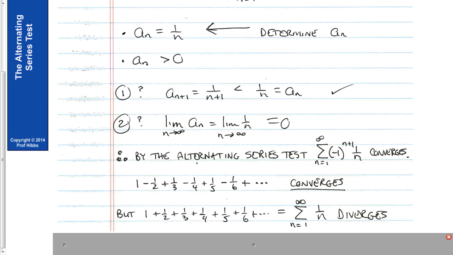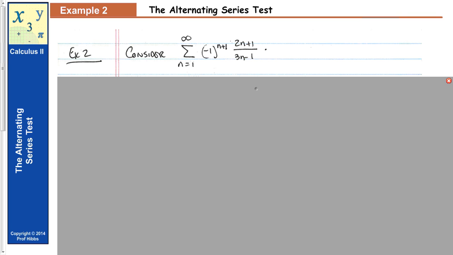The next example will give us a little more trouble. At first sight, it doesn't look like it will, but here we have, again, an alternating series. It's clearly an alternating series, and we can see that the a sub n is this fraction, 2n plus 1 over 3n minus 1, and of course all of these are positive because the smallest n will be is 1, and that would be 3 minus 1 in the denominator, which is positive.